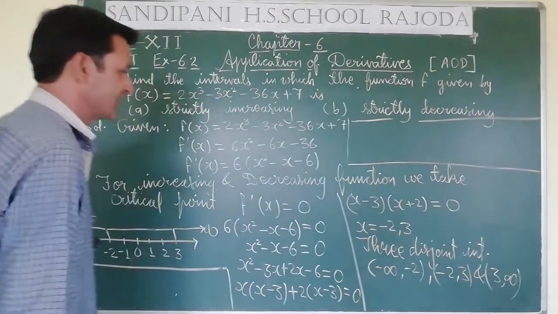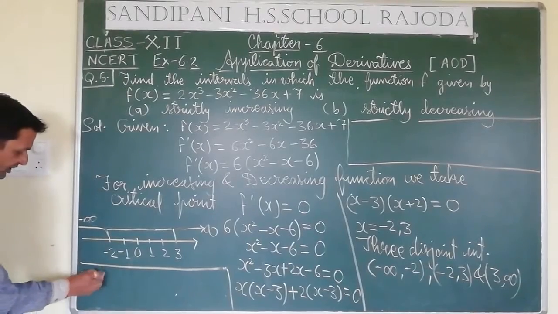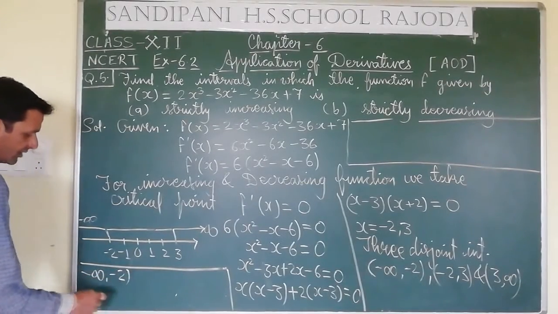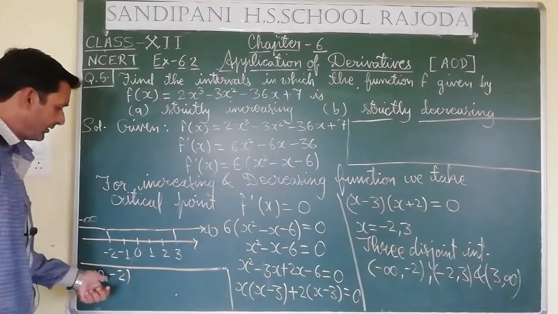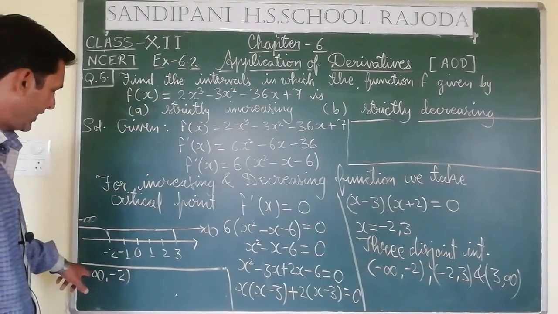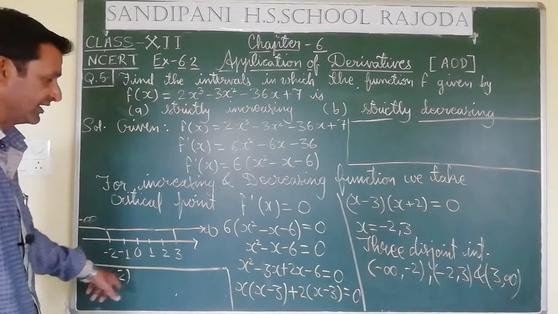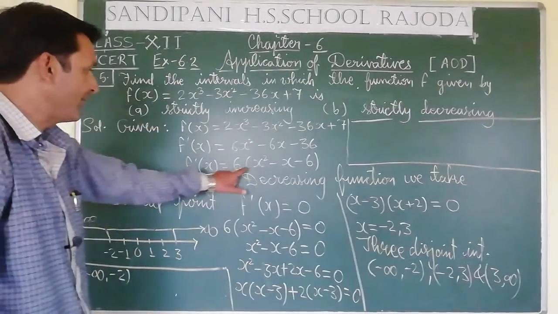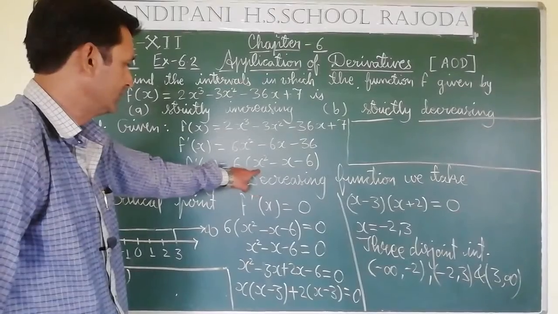Suppose we are taking minus infinity to minus 2. So minus infinity to minus 2 means what? Suppose I am taking here in between minus 3, because minus 3 is less than minus 2 and it is greater than minus infinity. So minus 3 I am taking. If I am putting here minus 3, what will happen?